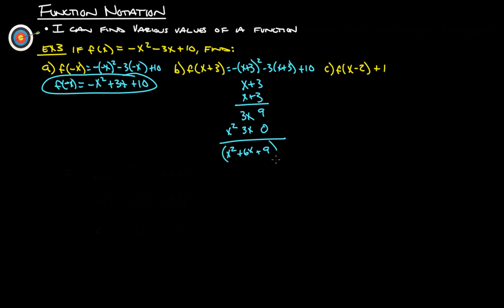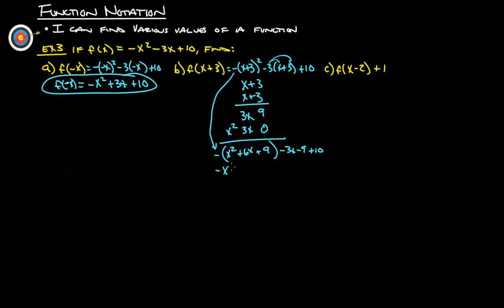But if you'll remember here, this negative now has to come down here. And then we have negative, let's distribute this negative 3 to both of those here. So negative 3 times x is negative 3x. Negative 3 times positive 3 is negative 9. And plus 10. So now we want to distribute this negative to all these here.